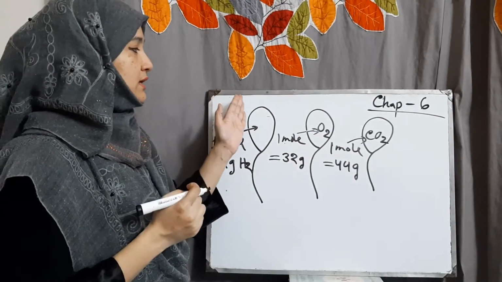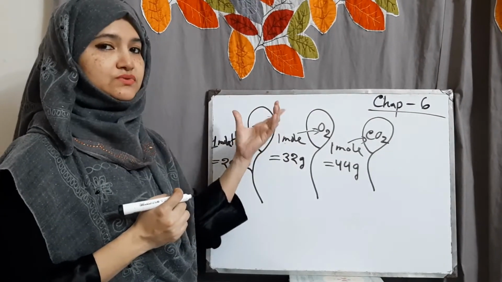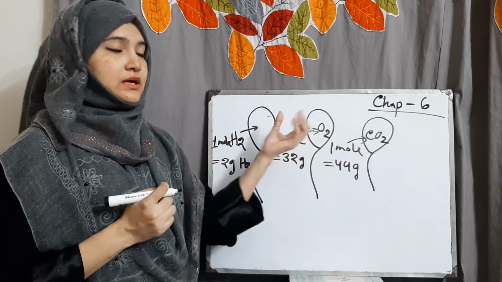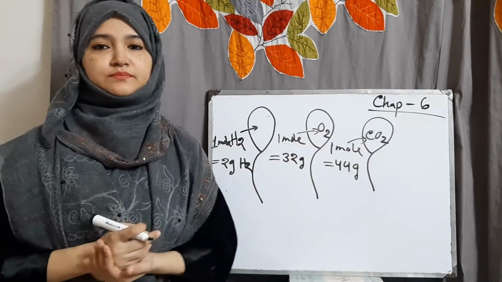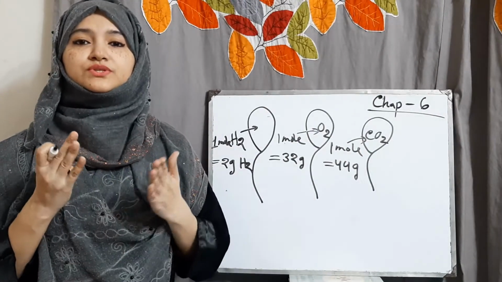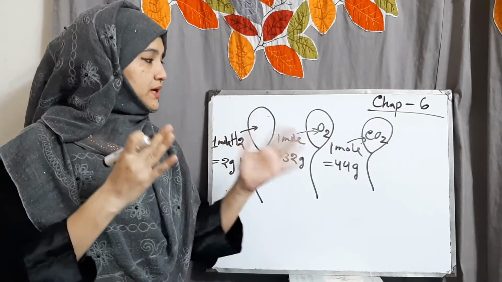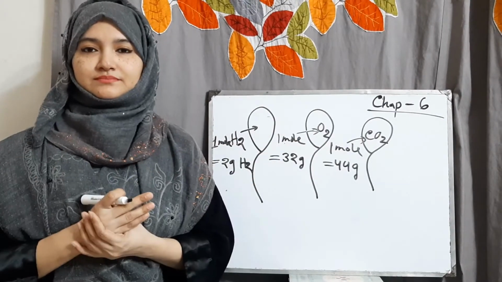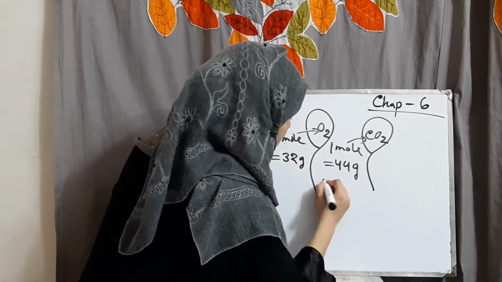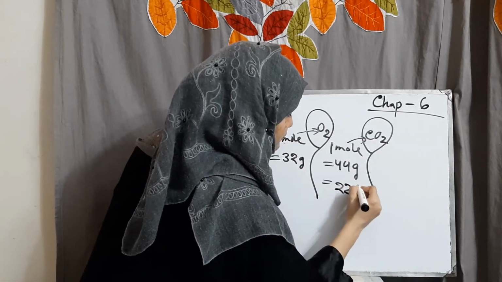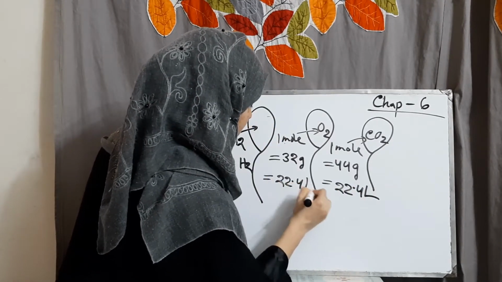We find that after filling the balloons with 3 different gases, the volumes of the 3 balloons are the same, which is 22.4 liter.